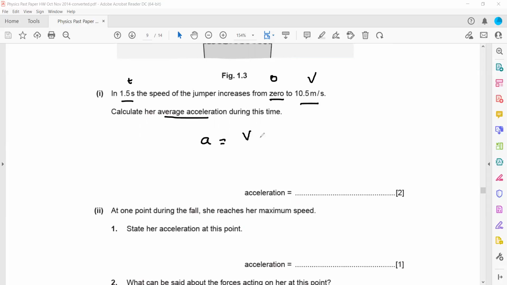All have the same formula: final minus initial divided by time. So final is 10.5, initial is 0, divided by time, which is 1.5. So 10.5 minus 0 divided by 1.5 will give you the acceleration of the bungee jumper, which is about 7 meters per second squared.